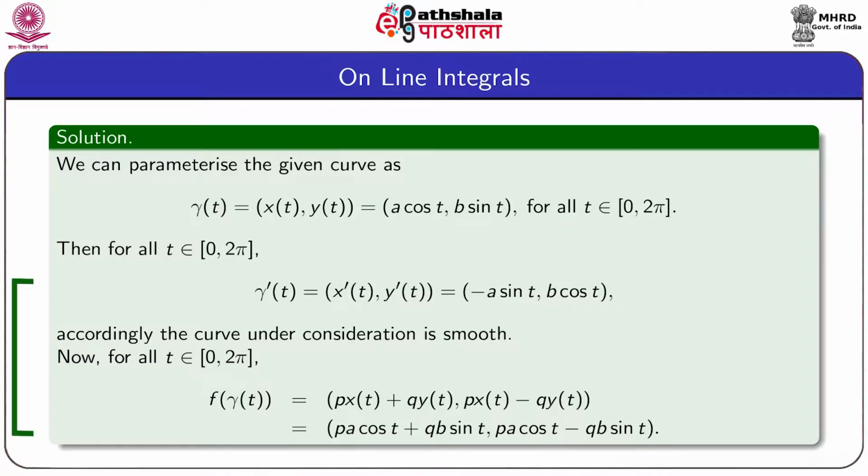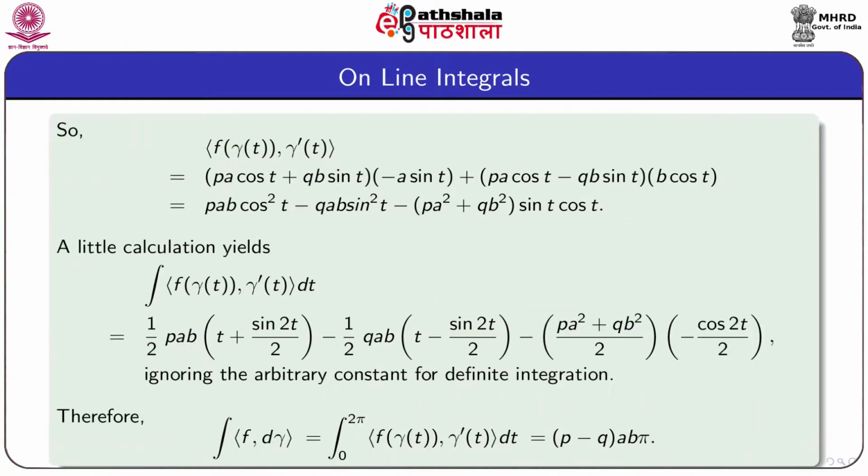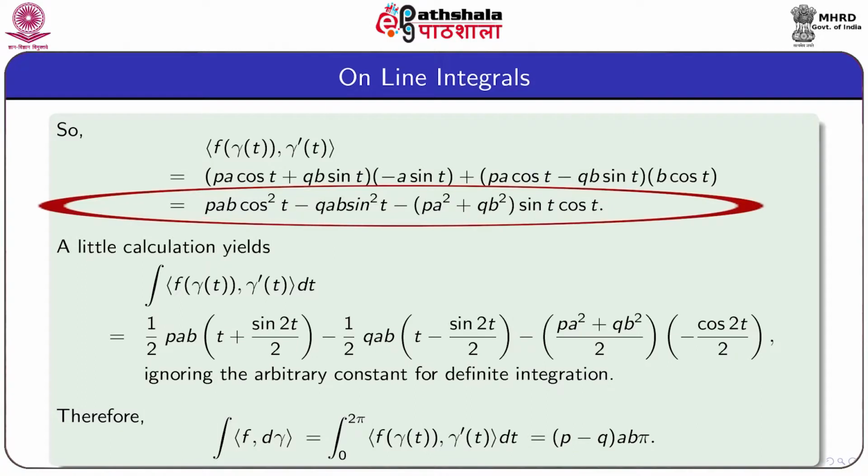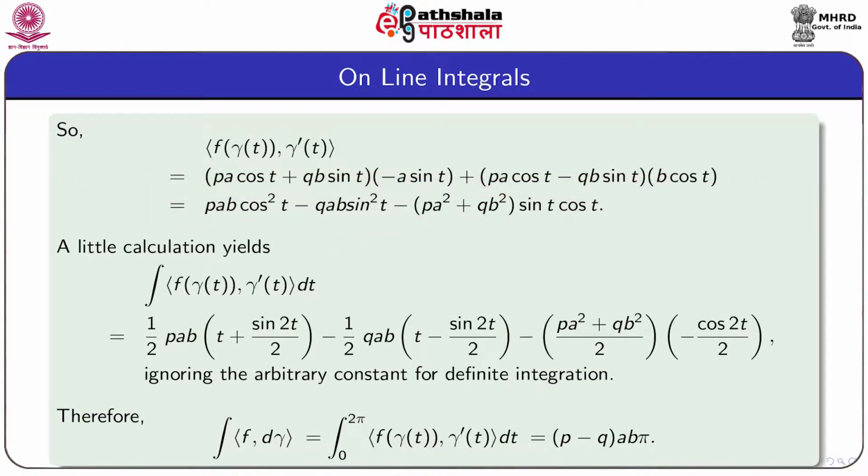Now for every such t, f(gamma(t)) equals (pa cos t plus qb sin t, pa cos t minus qb sin t). As a result, the inner product of f(gamma(t)) and gamma dash(t) is pab cosine square t minus qab sin square t minus (pa square plus qb square) sin t cos t.